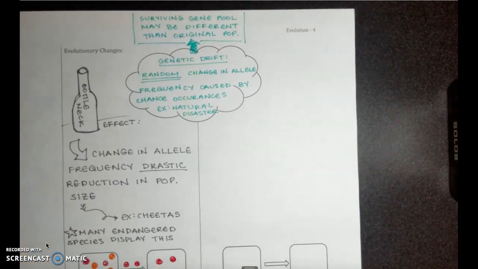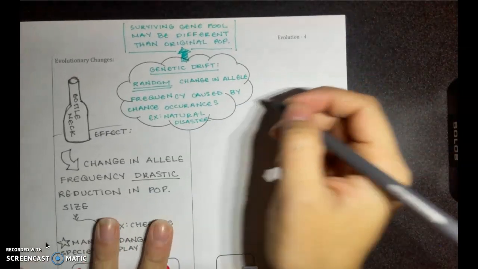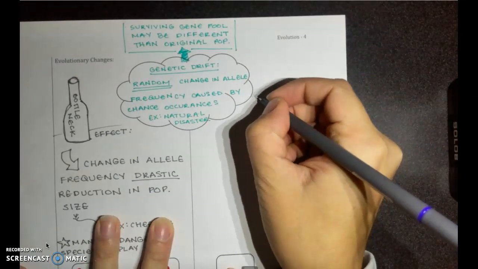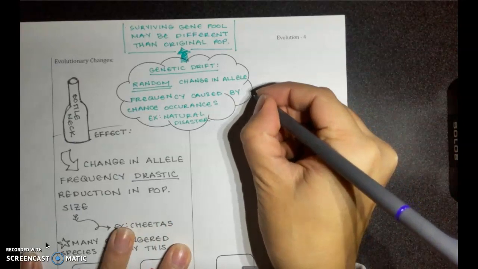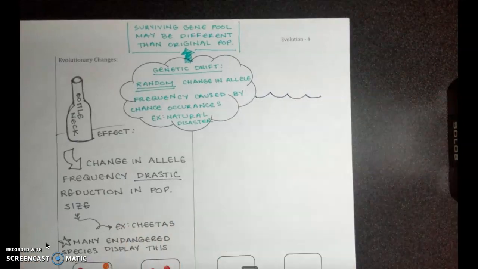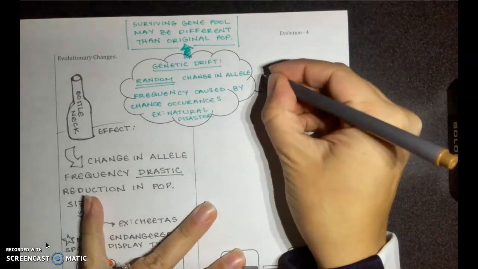Next type that I would like to talk about is going to be founder effects. Whenever I think of founder effect, I always think of the Mayflower and Pilgrims. I don't know, maybe it's just because it's that time of year. You get a little boat action.